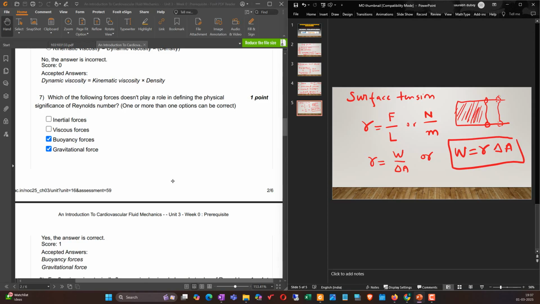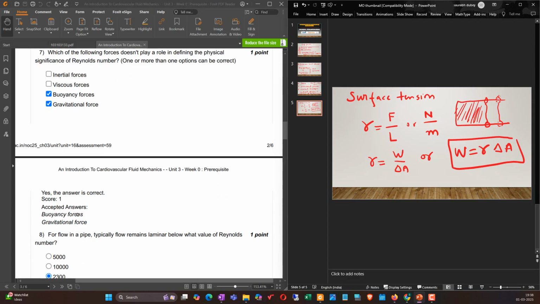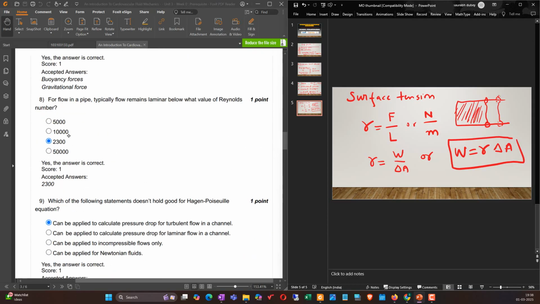Which of the following forces doesn't play a role in defining the physical significance of the Reynolds number? So this one is correct: buoyancy and gravitation. And this is the typical Reynolds number for pipe flow.